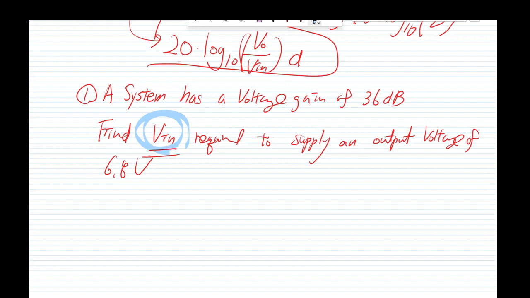This is a sample question for a future lab or exam. What is V in if the system is required to supply an output voltage of 6.8 volts?